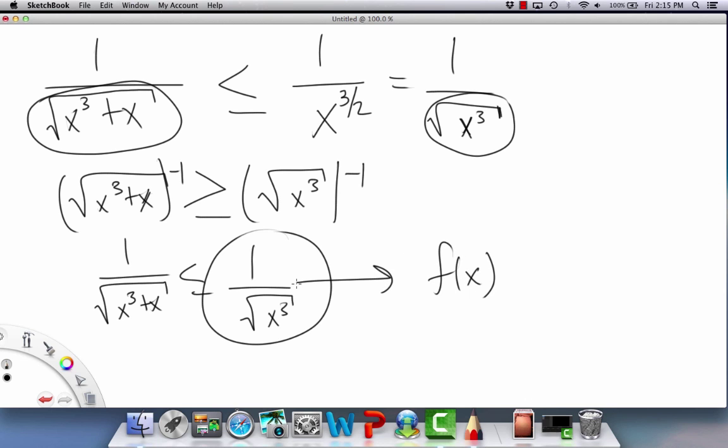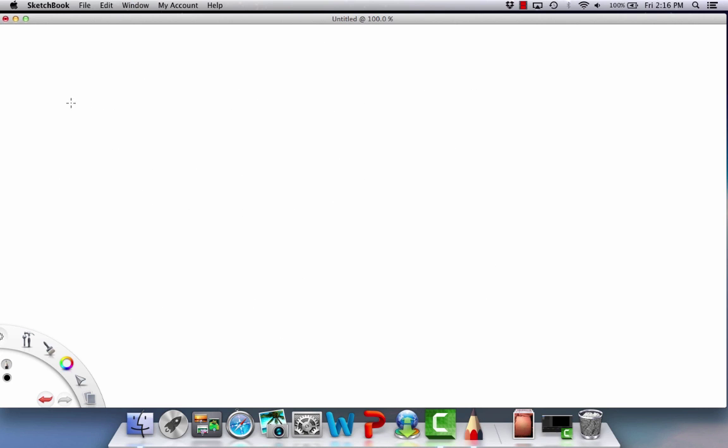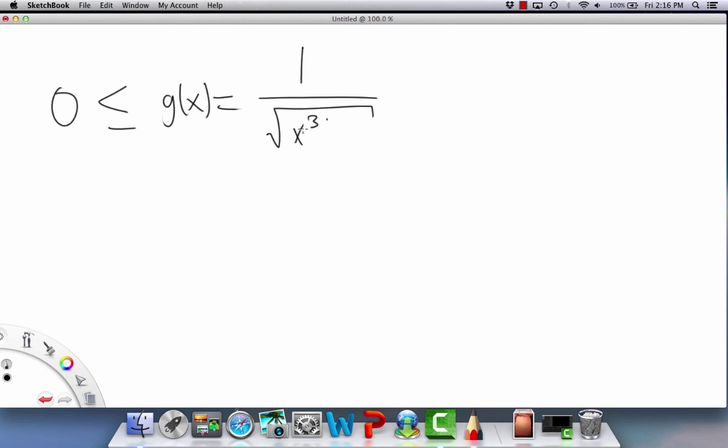Okay? So now let's set up the integrals. I'll set it up on the next one. Okay, so on the left, we have our 0, which is y equals 0, basically, which is the x-axis. And then we have our g of x in the middle here, which is equal to 1 over square root of x to the third plus x, which is less than or equal to our f of x, which is 1 over this, right?